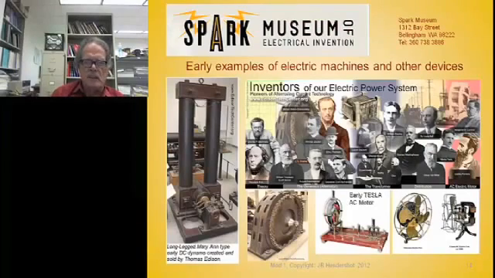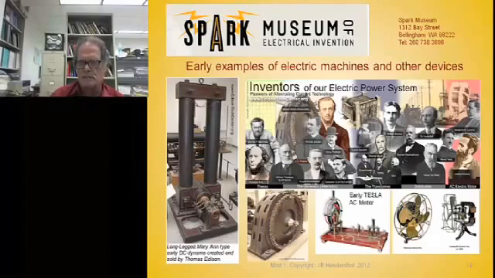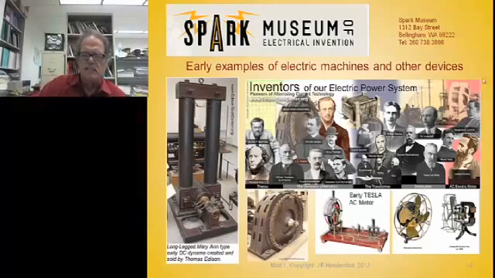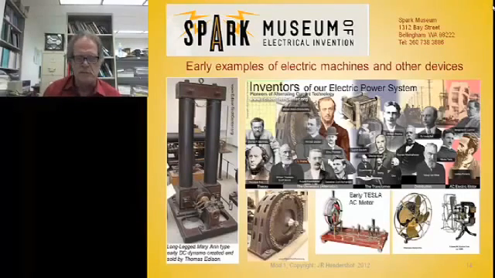There's a famous museum in Bellingham, Washington called the Spark Museum of Electrical Inventions, and here we see there's a big picture on the wall there that shows a composite photograph of the inventors and the people in past history that contributed to electric machines and electric energy, and you see down here some early examples of their accomplishments.